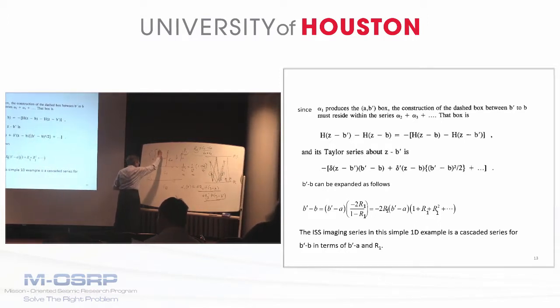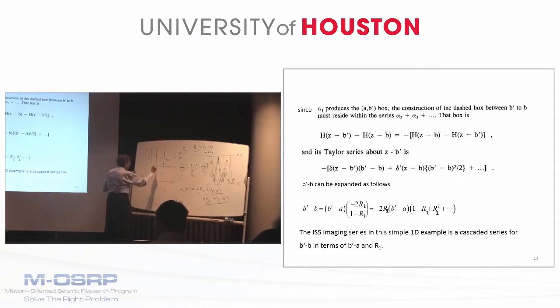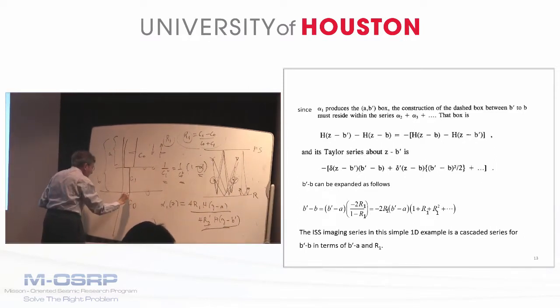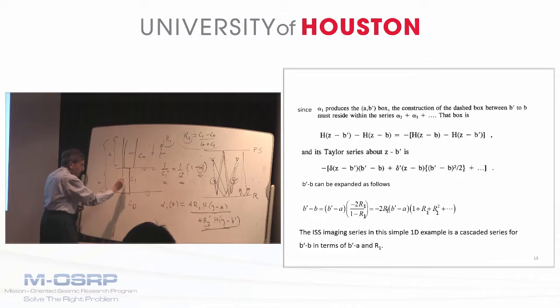Imagine that C0 is this, and what the inverse is trying to do, it has to build a box like that, a box to make it into C0, C1, C0. So the terms, the linear, the quadratic, and so on, have to end up with a box that I add to C0 to make this, yes?